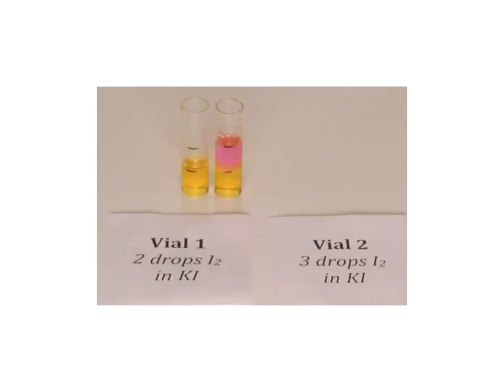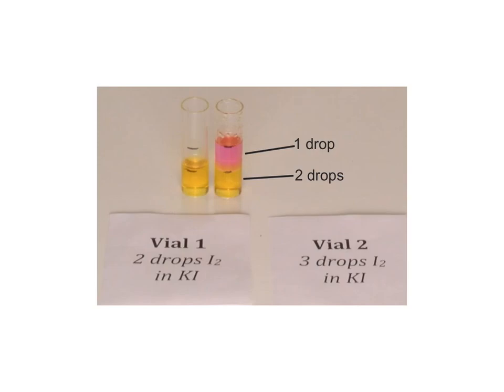Since the color of the aqueous layer in Vial 2 closely matches that of the aqueous layer in Vial 1, we conclude that 2 drops of iodine remained in the aqueous layer and 1 drop moved into the hexane layer. Next, we'll examine what will happen if an equivalent volume of hexane is added to Vial 3.